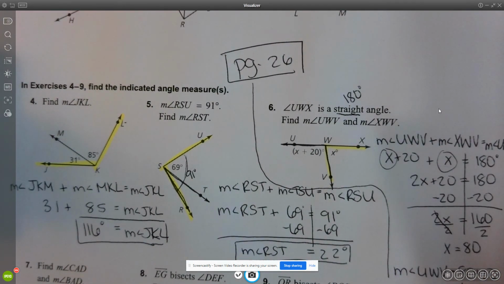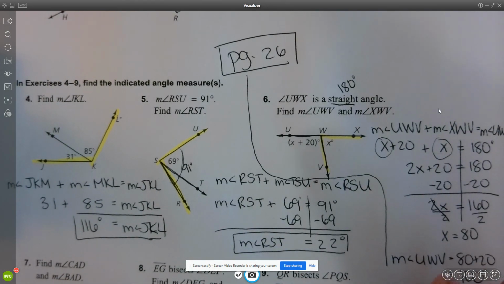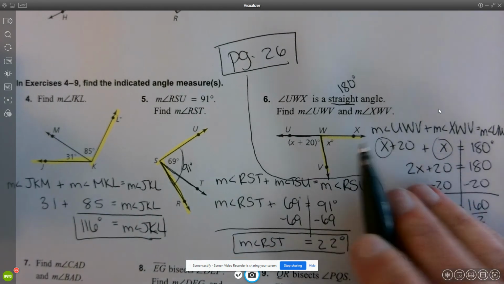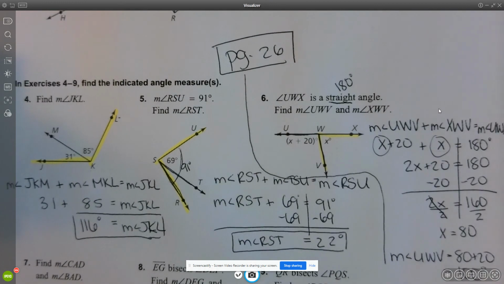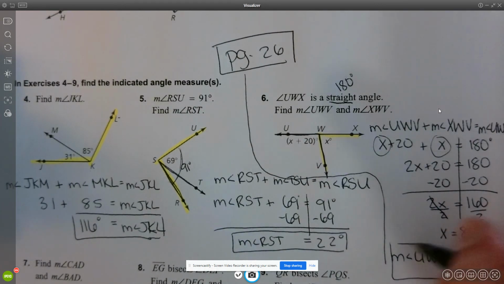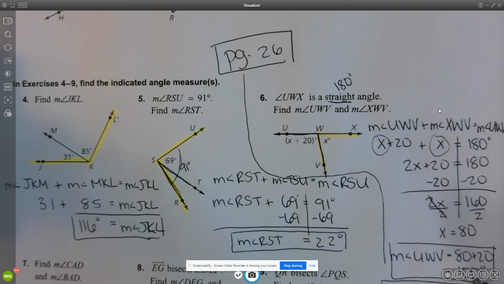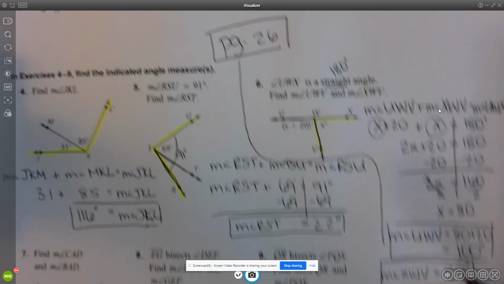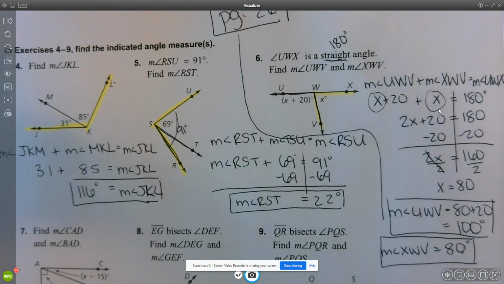And 80 plus 20 is 100 degrees. And then the measure of angle XWV is just x degrees. And x, we said, is 80. So we get 100 degrees and 80 degrees. And that makes sense because if we were to add these together, we get 180, which should be true because the larger angle is a straight angle.